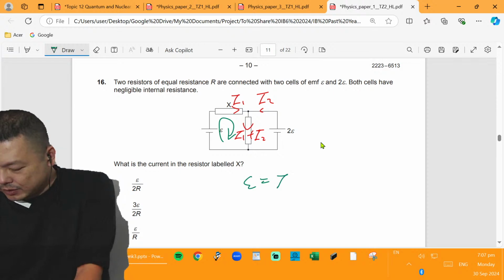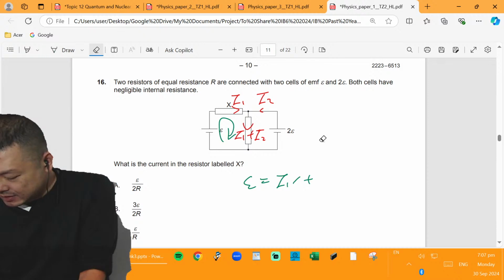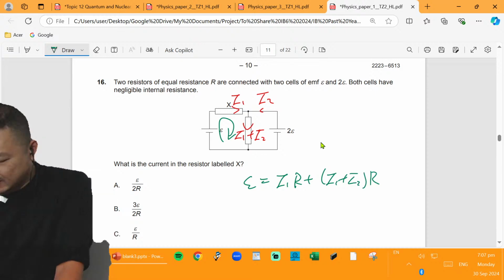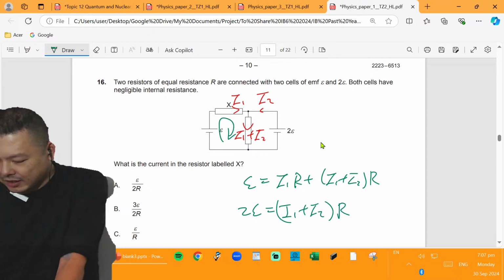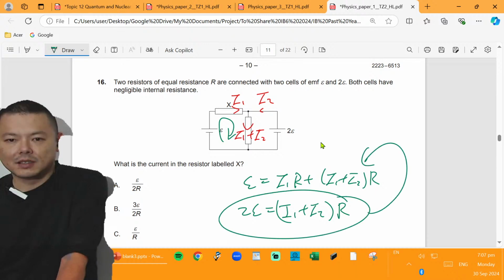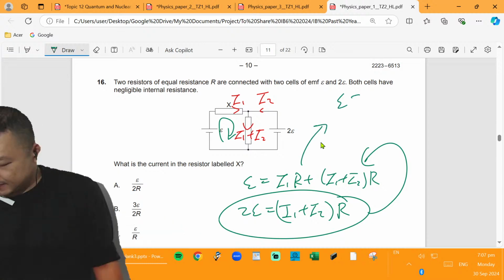E equals I1R plus I1 plus I2 times R. Then 2E equals I1 plus I2 times R. Is that right? Okay, then like that, then I see this already, I sub it inside here. Then that's it, right? So the EMF equals to what?